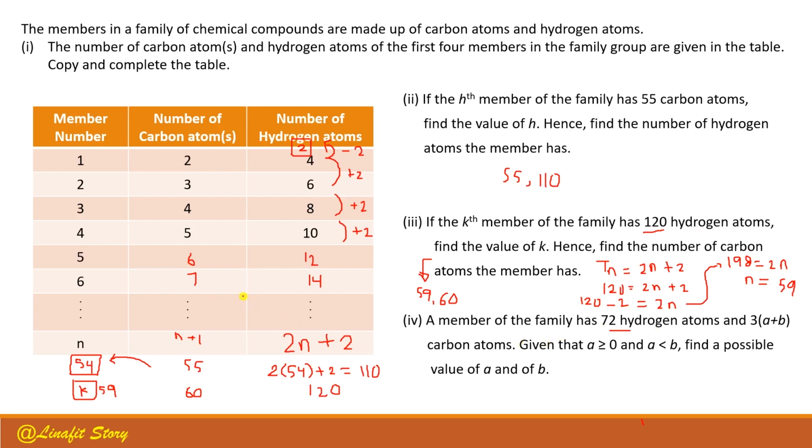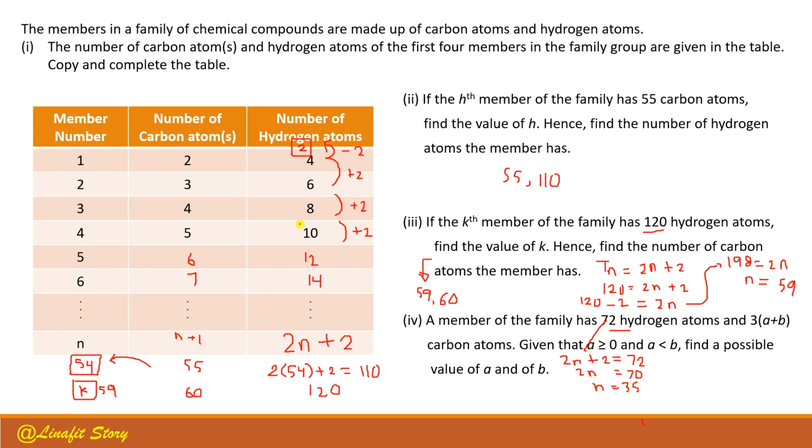So over here, the general term of the number of carbon atoms is n plus 1, while for the hydrogen atoms it is 2n plus 2. There are 72 hydrogen atoms. So 2n plus 2 is equal to 72. 2n is equal to 72 minus 2, which is 70. 2n means 2 times n, so n is equal to 35.